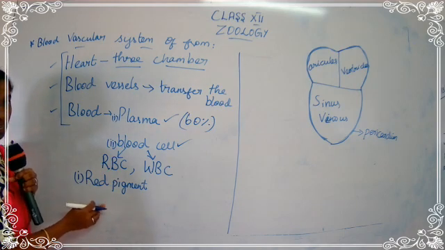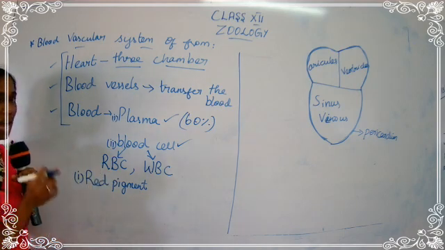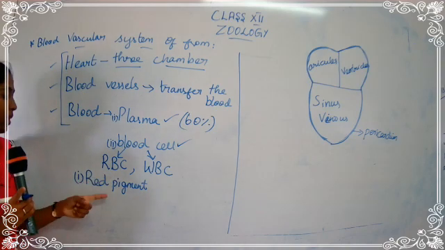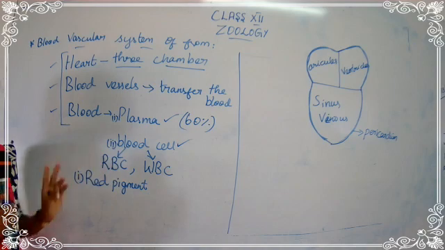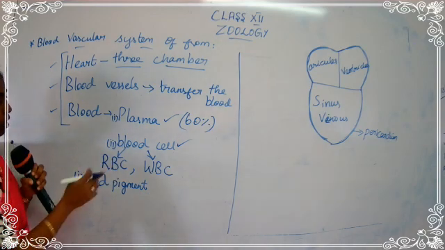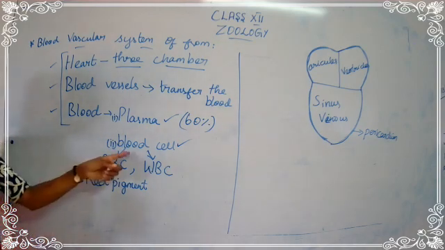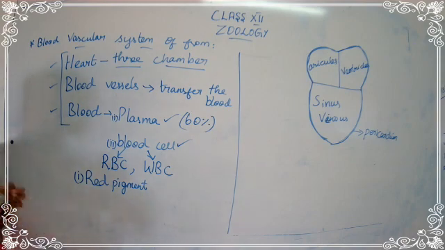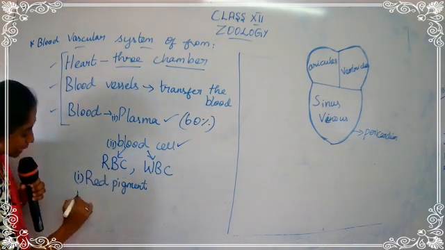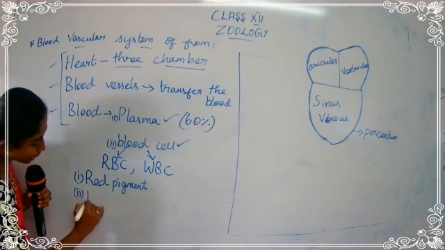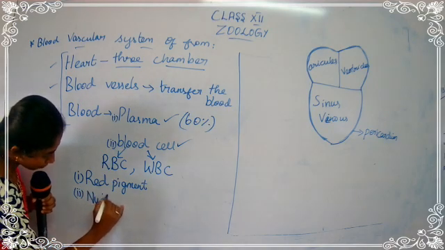For that reason only the red blood cell color is red. For red pigments only, the blood color is red. Okay. So what is the reason for blood color? Red pigments. Okay. So that red pigment is in red blood cells. And the second point, it is nucleated.